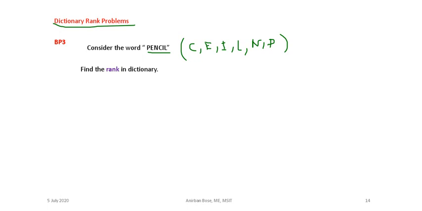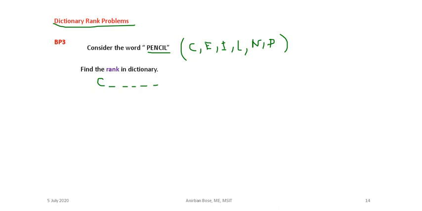Now you see that the first word definitely will start with C, and it's a 6-letter word, 1 2 3 4 5 6. So 5 places will remain because C is there, and these 5 can arrange themselves.